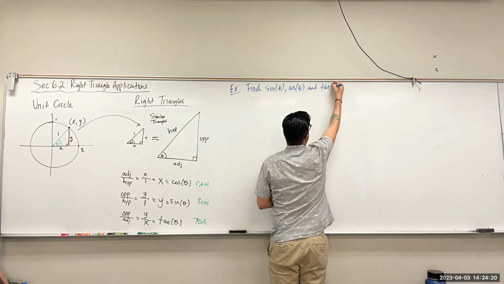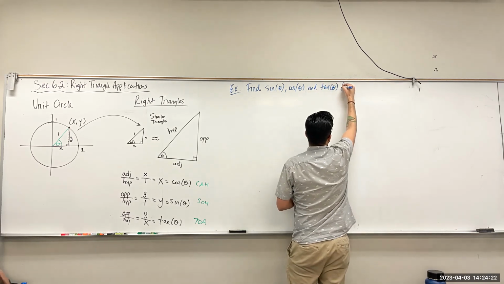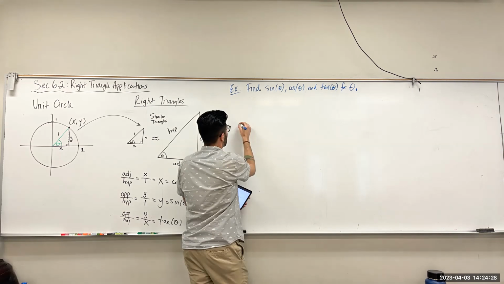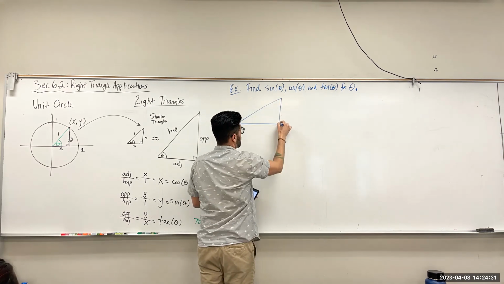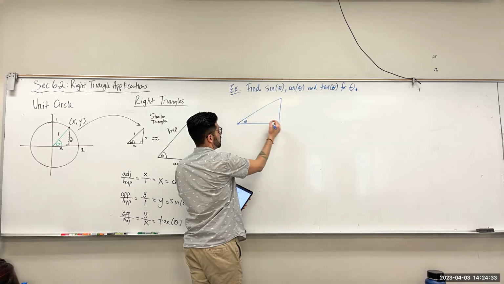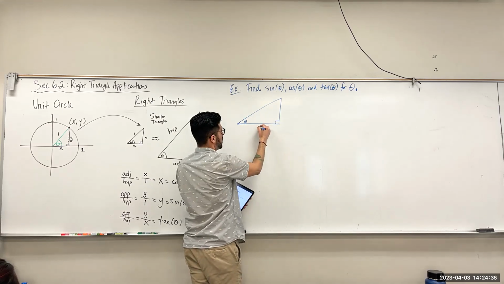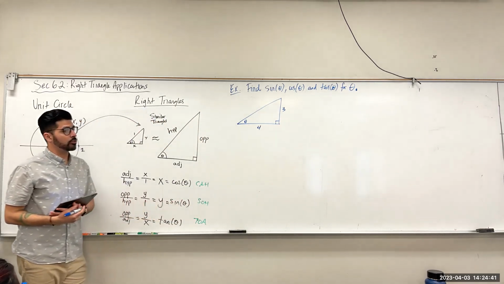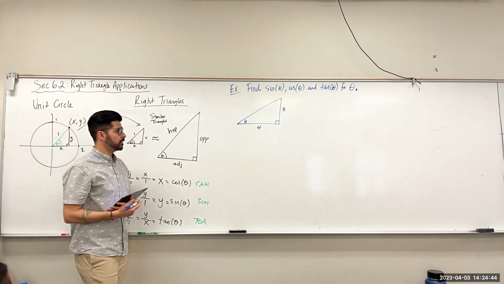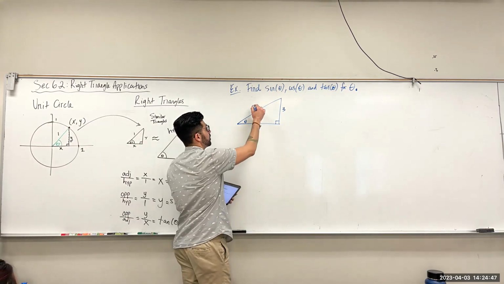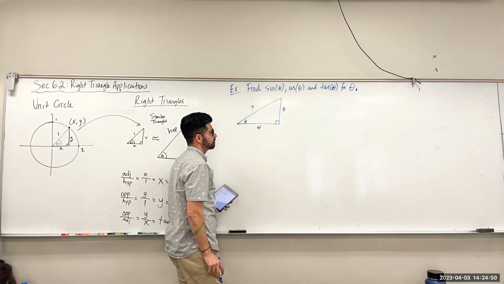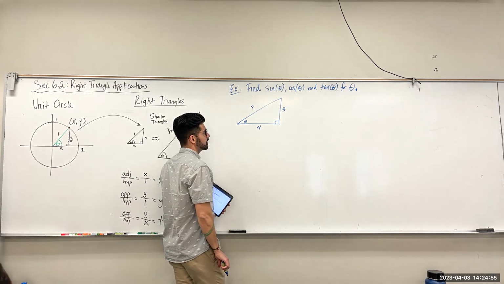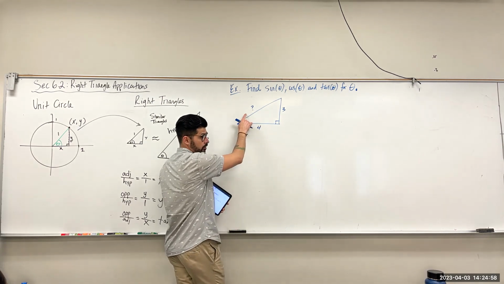Okay, let's super quick review. Let's find sine, cosine, and tangent for a bigger right triangle where, let's say this side here is 4, and this side here is 3. So it's a right triangle, so the Pythagorean theorem should work. Let's say I don't know this side, the hypotenuse.